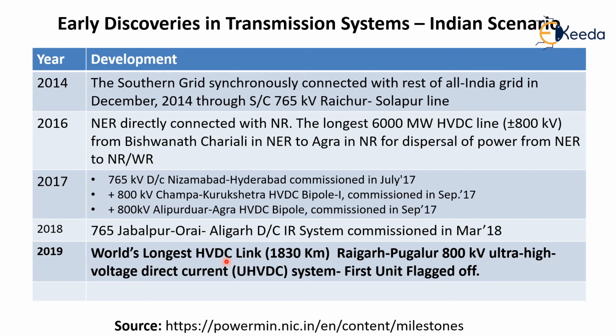So One India, One Grid helped a lot in the effective usage of electricity, because in one region the probability of getting a large power is possible, in another region it is not possible. All these things helped a lot, and HVDC played a vital role.